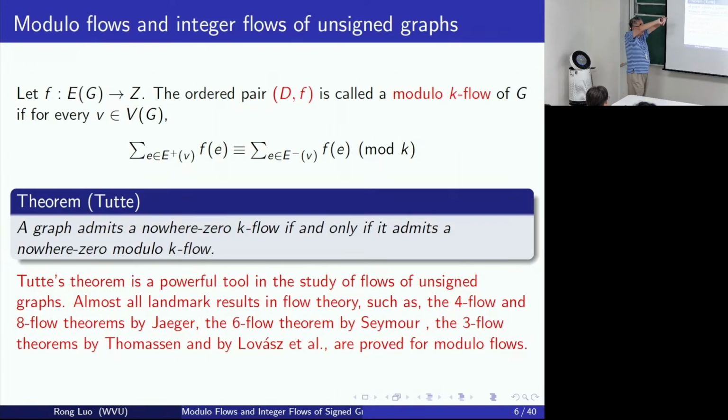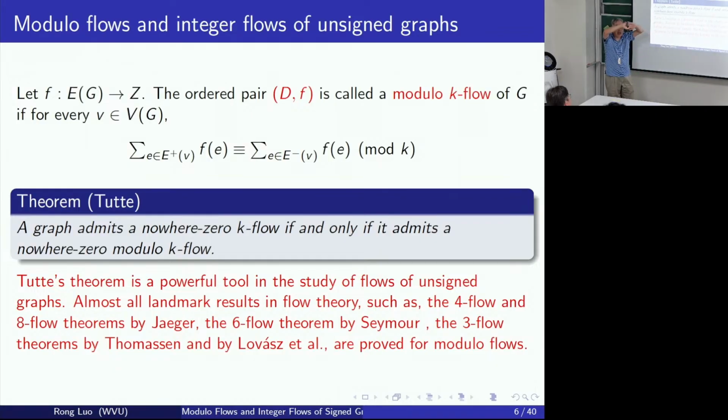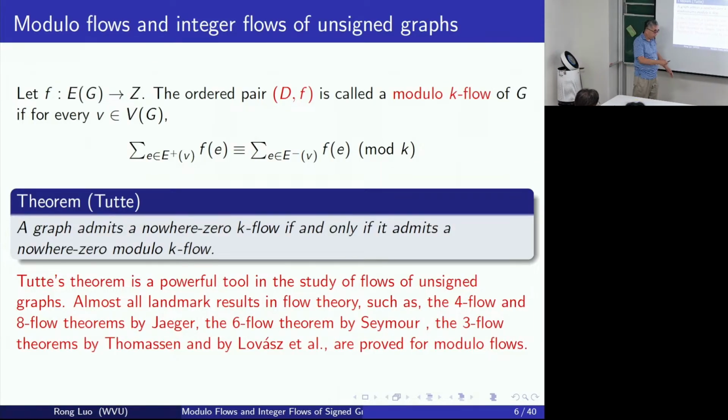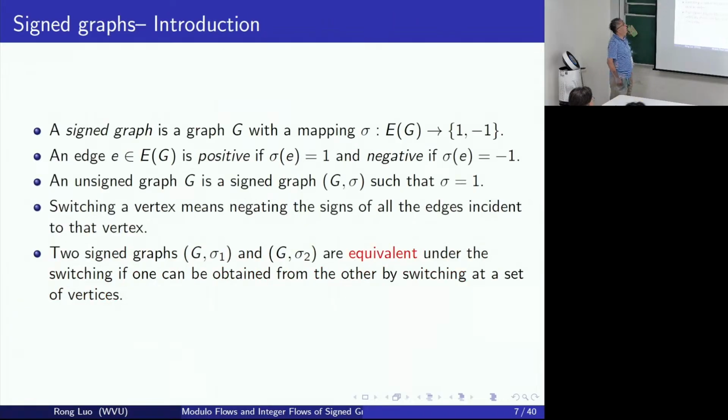If it's bigger than k minus 1, then we would have trouble. But for Z_k, we don't have an upper bound. We only need to make sure that the sum of the flow values is not 0, which is very nice.